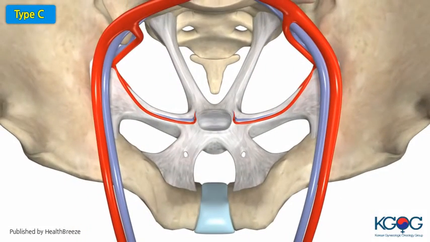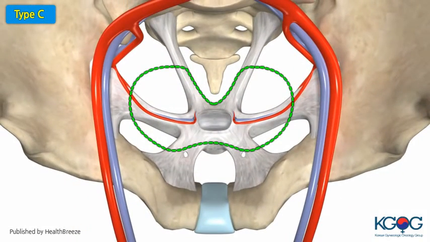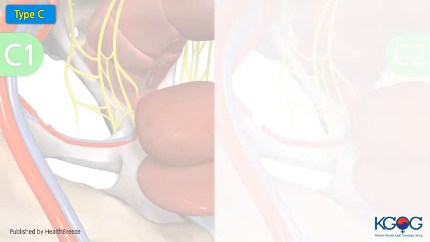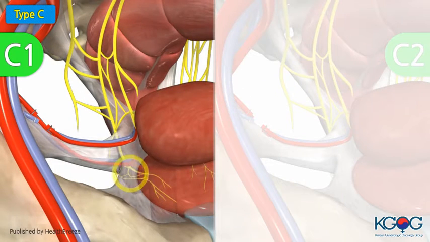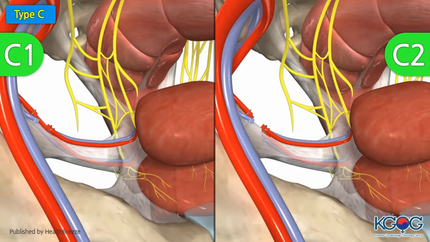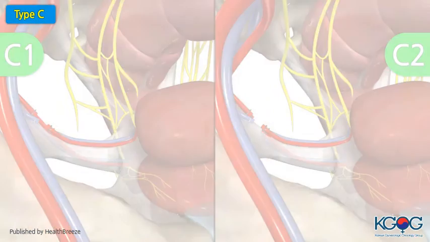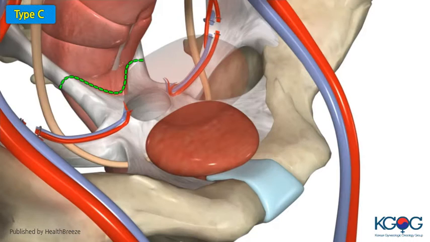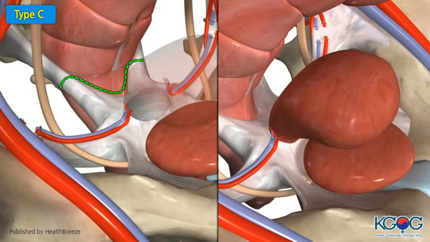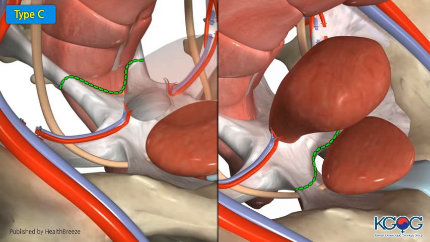Type C. The paracervix is transected at the junction with the internal iliac vascular system. C1, with autonomic nerve preservation. C2, without autonomic nerve preservation. This type involves transection of the uterosacral ligament at the rectum and vesicouterine ligament at the bladder.